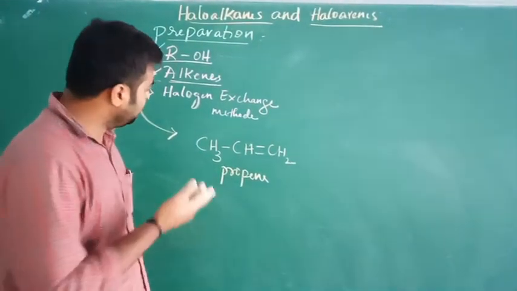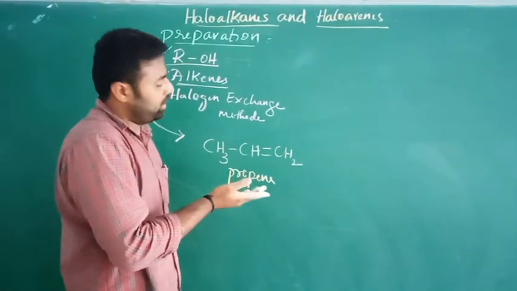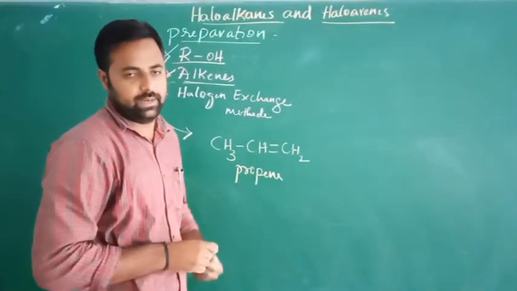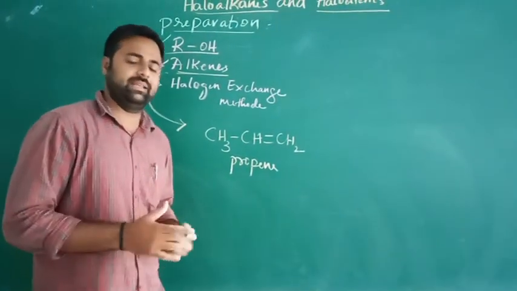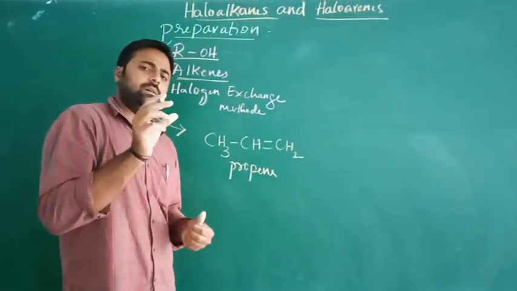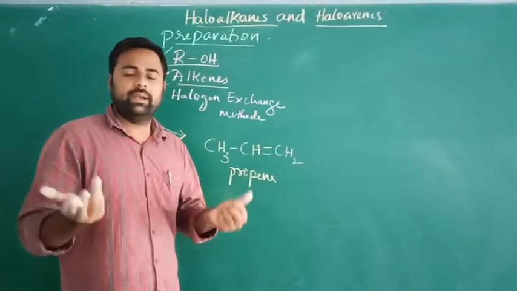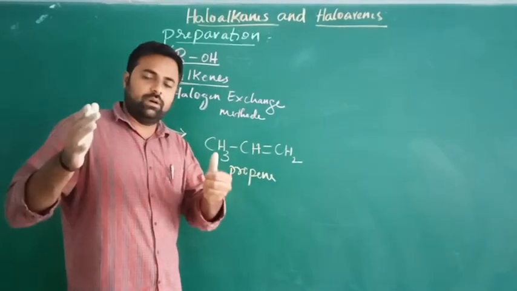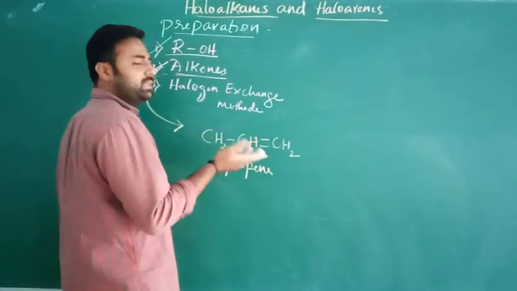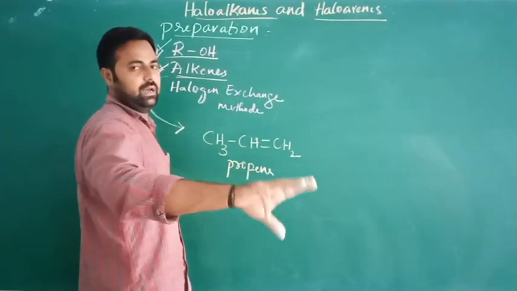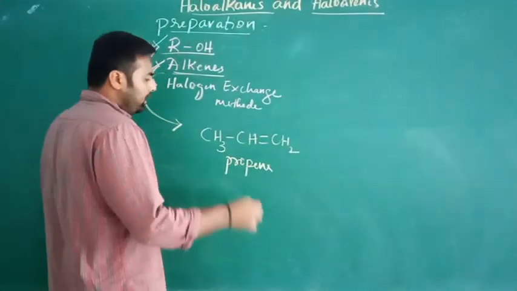Unsymmetrical means that in the molecule the doubly bonded carbons contain different atoms or groups of atoms. In symmetrical alkenes, both ends are the same and contain the same atoms or groups of atoms.